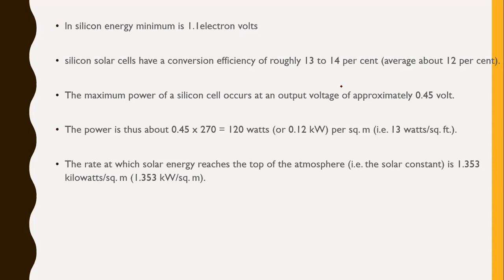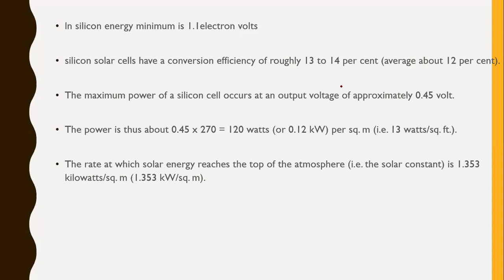So if you use these costlier cells, they must be used in combination with focusing, concentrating collectors only, because this will compensate for the cost against the output we are getting.